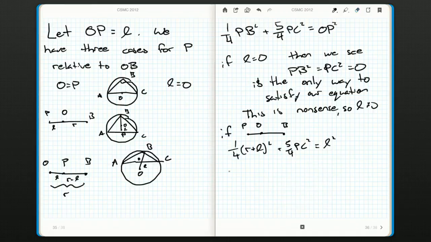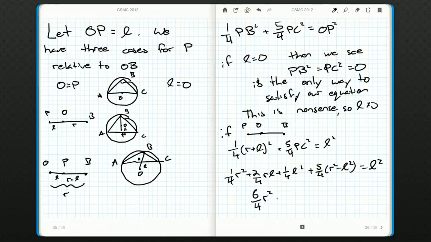So, what do we got here? We have 1/4 r squared plus 2/4 RL plus 1/4 L squared plus 5/4 r squared minus L squared equals L squared. So let's regroup those. 6/4 r squared plus 1/2 RL. So 1/4 L squared minus 5/4 L squared, that's negative L squared.